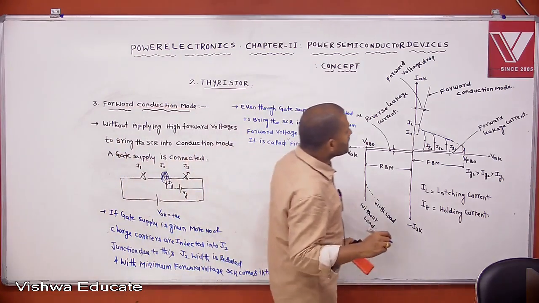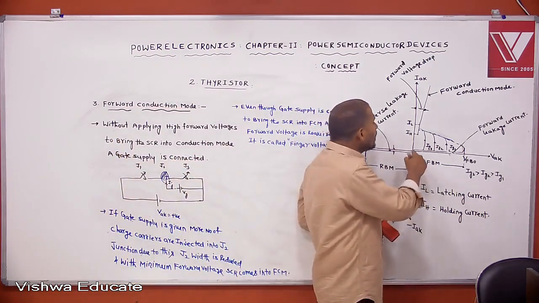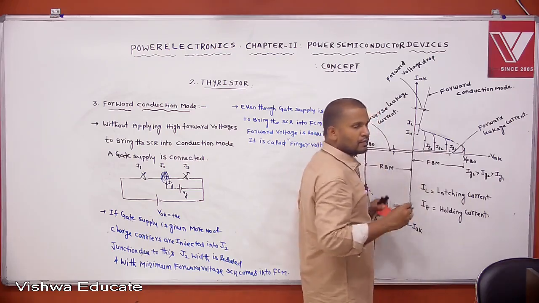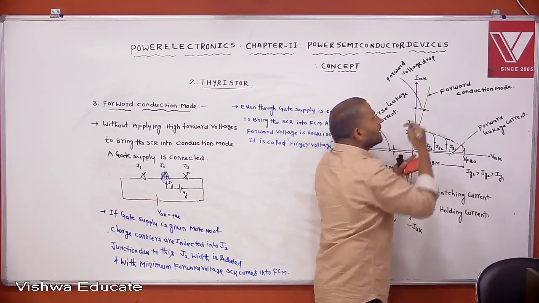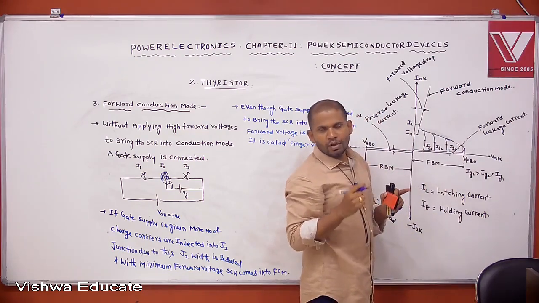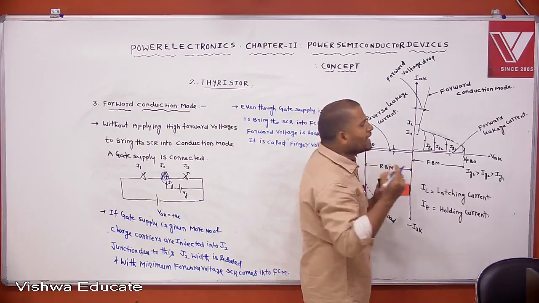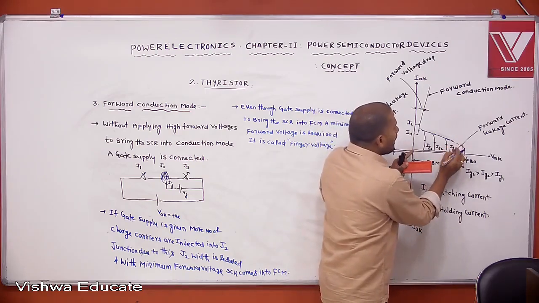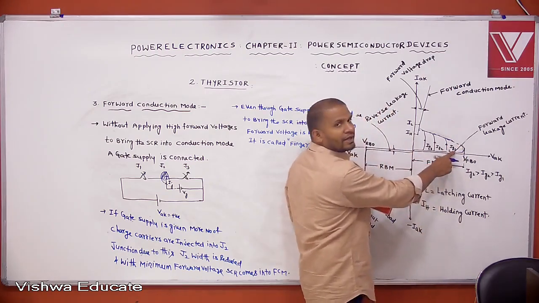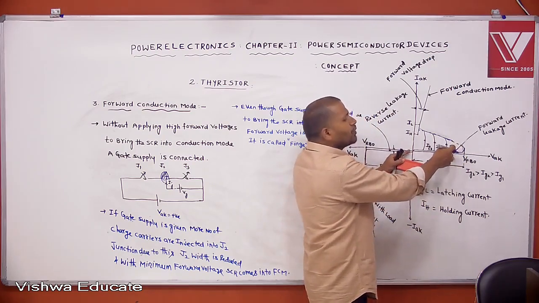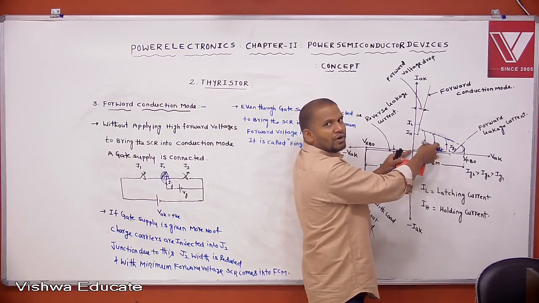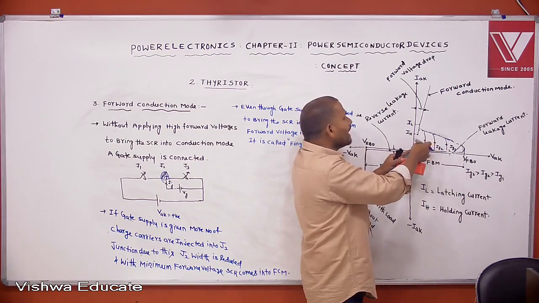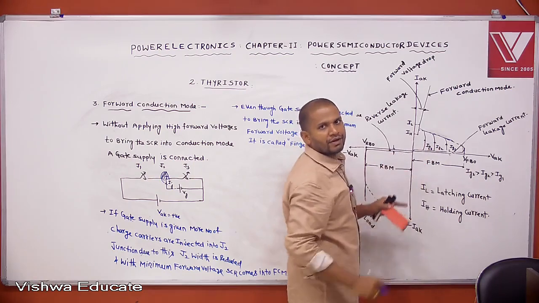This I represented here. Without any gate supply, this much of voltage is required to bring the SCR into conduction mode. For example, a small IC1 is applied. For IC1 current, this much of forward voltage is required. For IC2 current, this much of forward voltage is required. For IC3 current, this much of forward voltage is required.